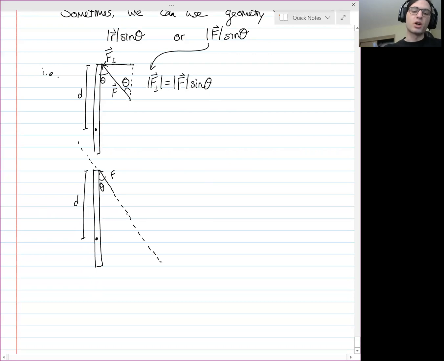Like on your piece of paper, you draw a line, and then you drop a perpendicular from the pivot to the extended force line. Then this distance here is r sine theta, which would be d times sine theta in this case.